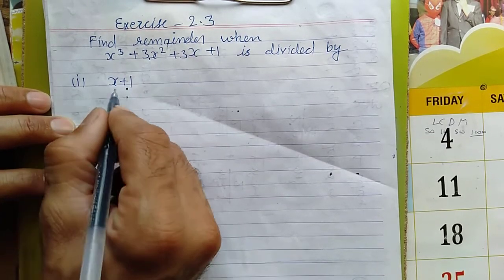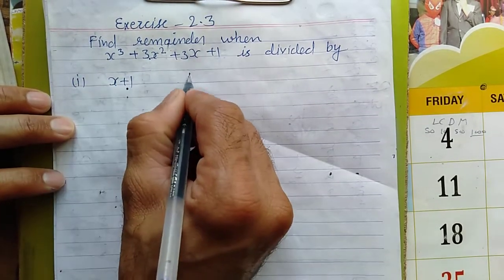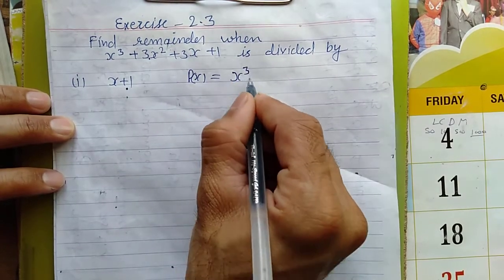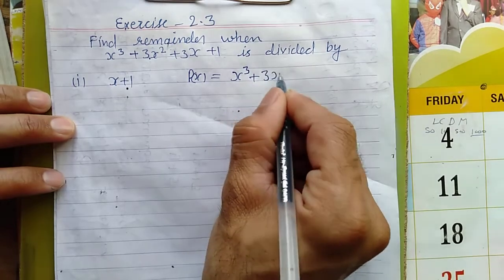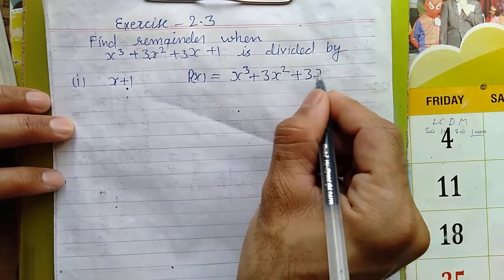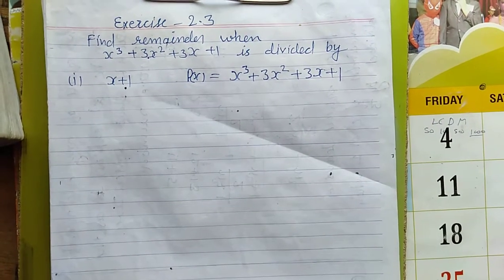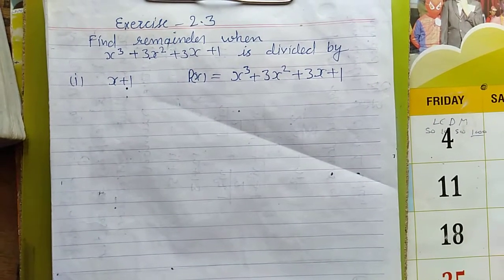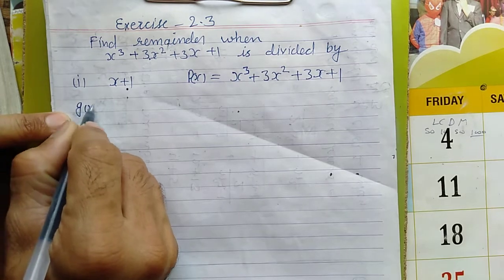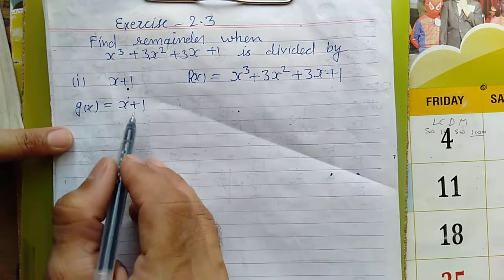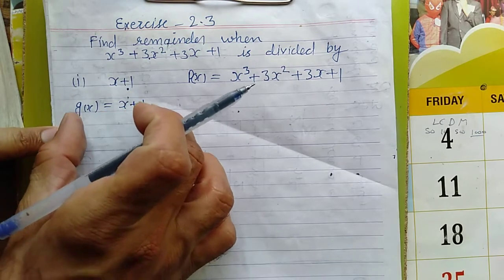How? Here this p(x) is given. As we know, p(x) is, one time I will write here, x cube plus 3x square plus 3x plus 1, and g(x) is this one. By this one we have to divide. g(x) is x plus 1. So for finding, what to do? First find the zero of this g(x).